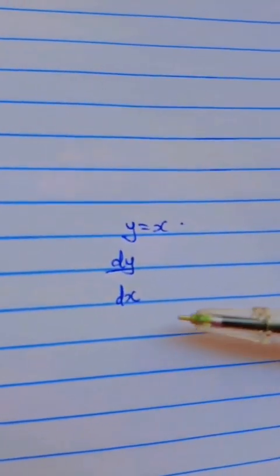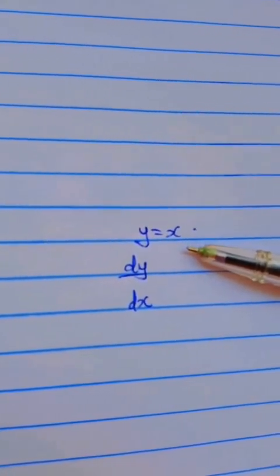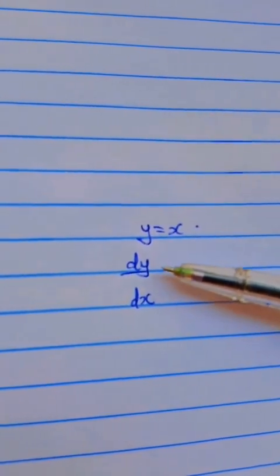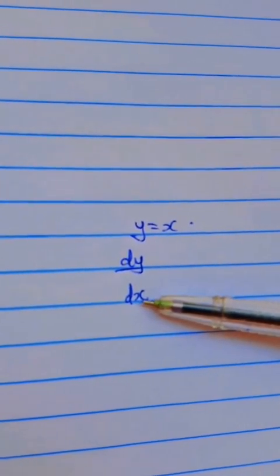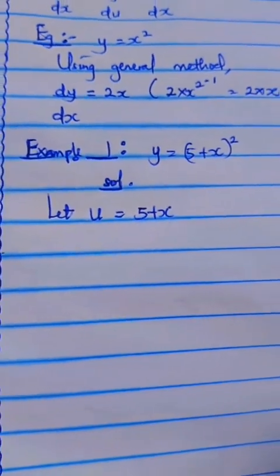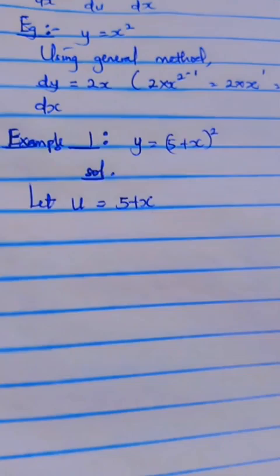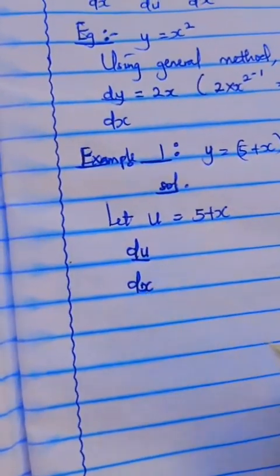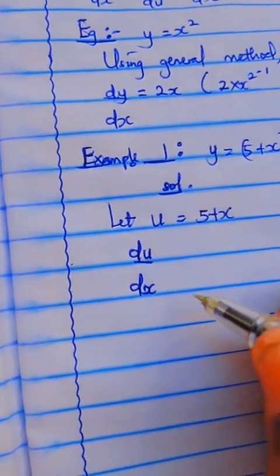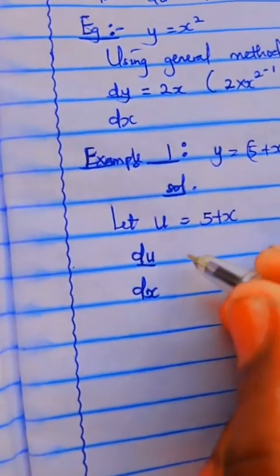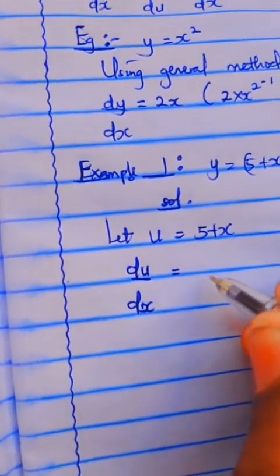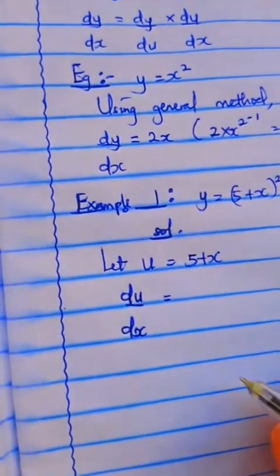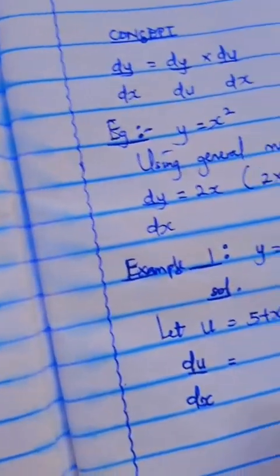For example, if we were to differentiate y, let's say we have y equals x, we'll say dy over dx. That's the same thing we are going to be doing here. Expressing u in terms of x, we'll have du over dx. So u equals 5 plus x, and du over dx equals, let's differentiate 5. 5 is a constant.